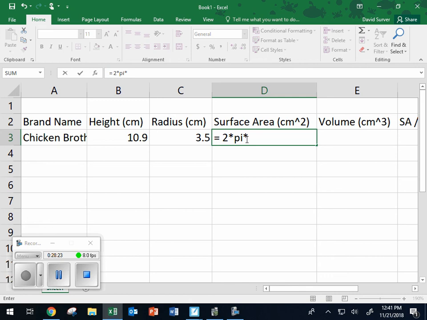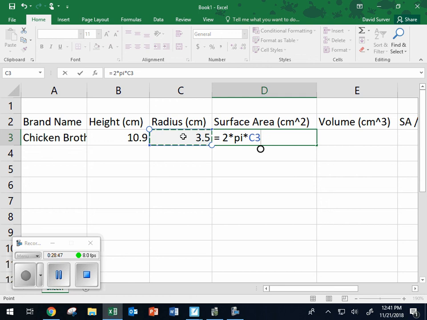And then we need to multiply that by r. But r, we can't just write r. We need a value for r. And we have the value for r. So here I have a value for r. If you just touch it on your iPad, what's going to pop up in your equation is the cell that that number is in.